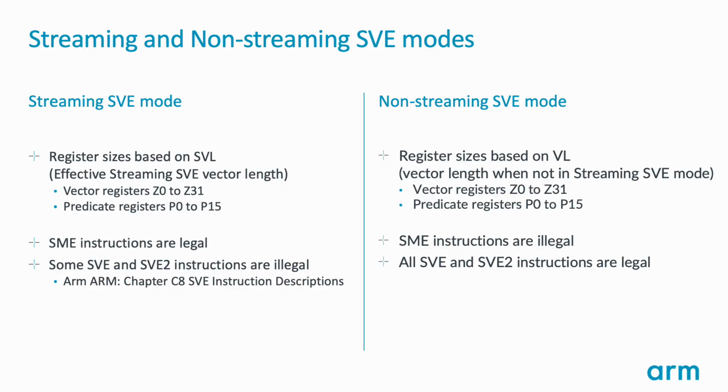In addition to entering streaming SVE mode, we will have access to ZA storage in streaming SVE mode. We have to independently enable it. Once enabled, the vector register width of Z0 to Z31 would be the same as the ZA storage width.